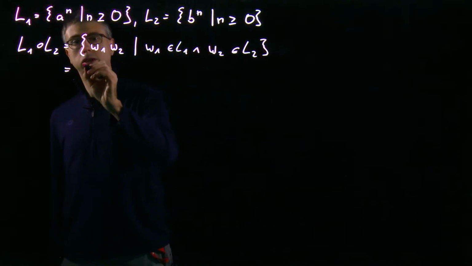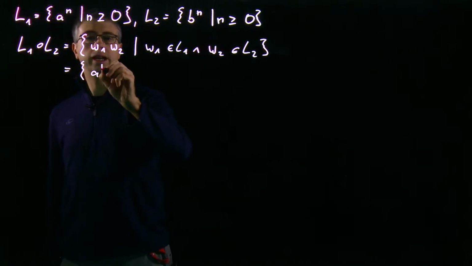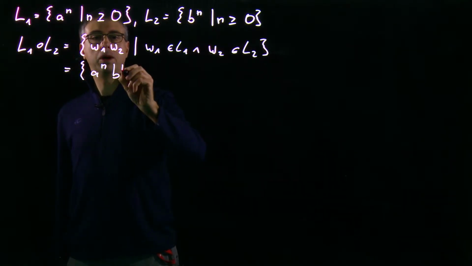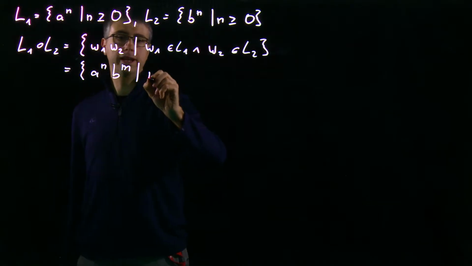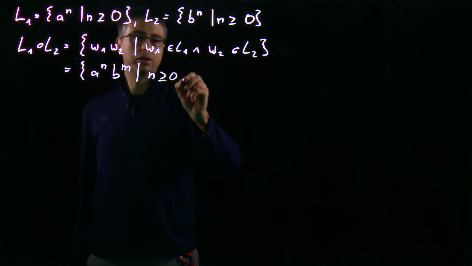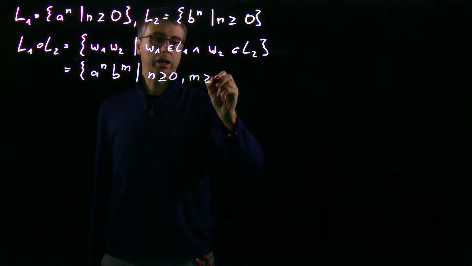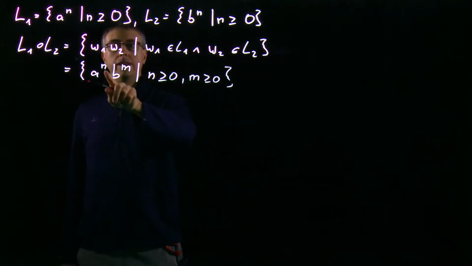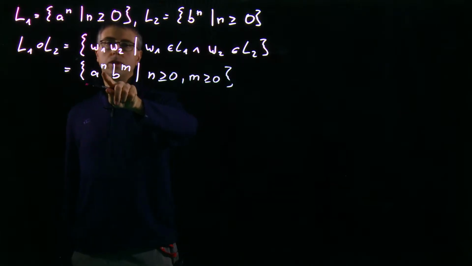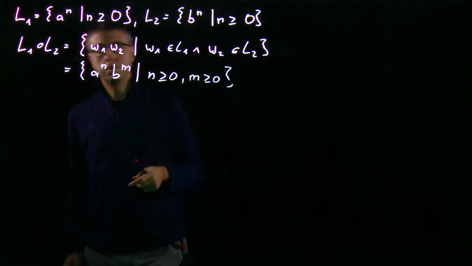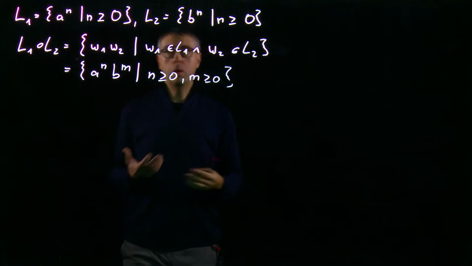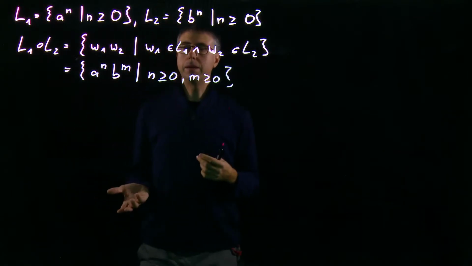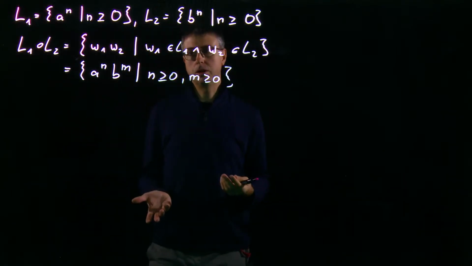which is actually the set of strings a to the power of n, b to the power of m, such that n is greater or equal to 0 and m is greater or equal to 0. Note here that a is to the power of n, whereas b is to the power of m, because we do not require that the number of a's is equal to the number of b's.